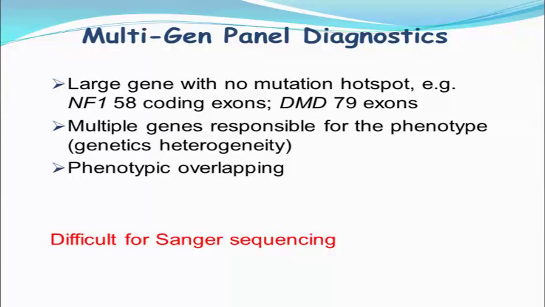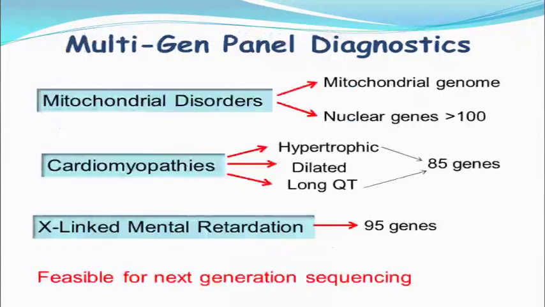Or conditions that have multiple genes responsible for the same phenotype, genetic heterogeneity, where it would be very difficult to sequence multiple genes by Sanger sequencing. Or phenotype-overlapping conditions, where many different diseases overlap and you need to test them all. All of these conditions fit well with next generation sequencing multi-gene panels.